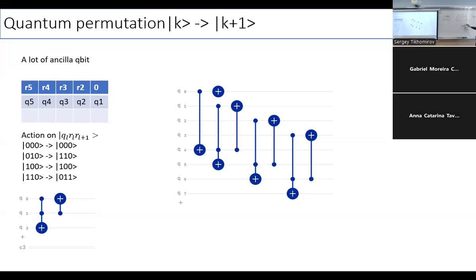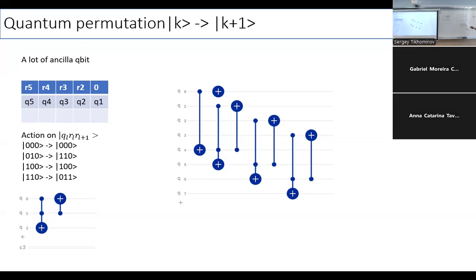It should be like, assume that Q4, Q5, Q6, Q7 originally are zeros. And this would be Q4, Q5, Q6, Q7. Here, it's like this. Yes?